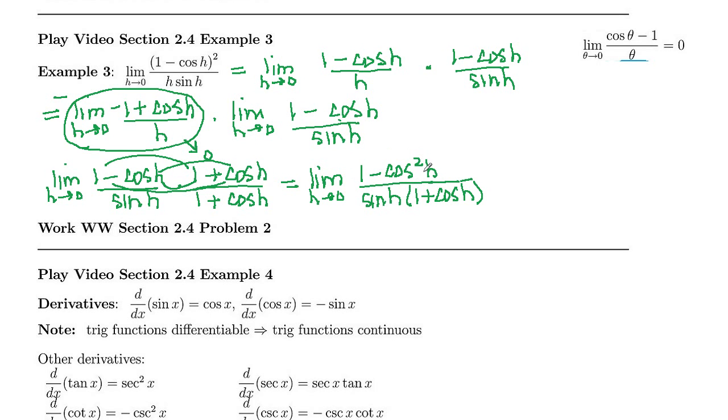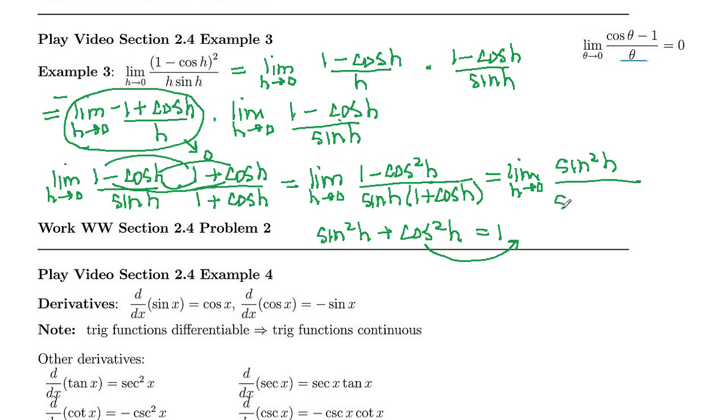However, 1 minus cosine squared is the same as sine squared, right? Because sine squared of h plus cosine squared of h is equal to 1. So if you pull this over as a negative, 1 minus cosine squared equals sine squared. So this is actually the limit as h goes to 0. And we've got sine squared h in the numerator.